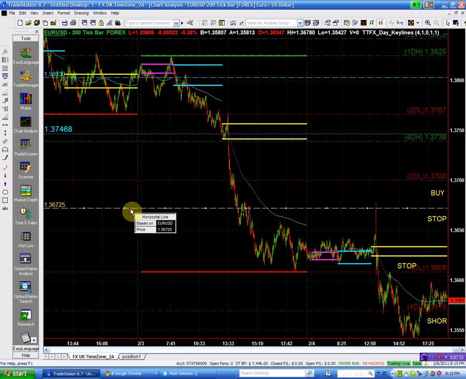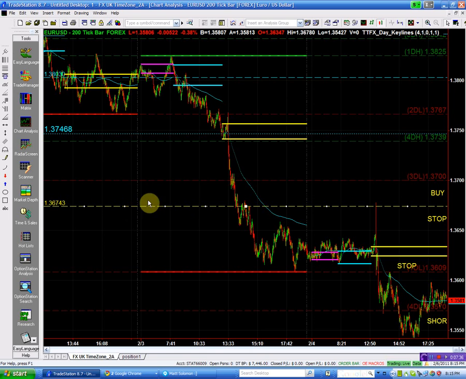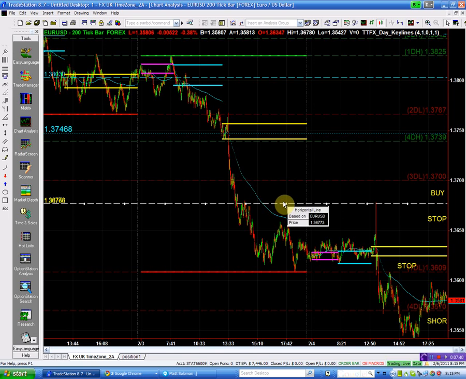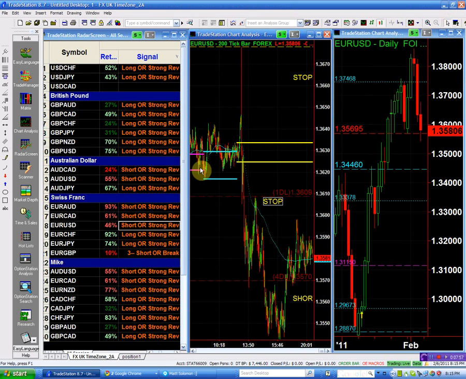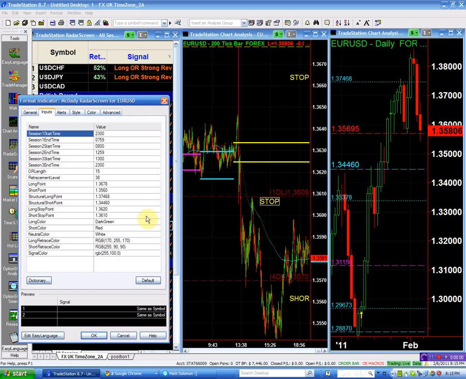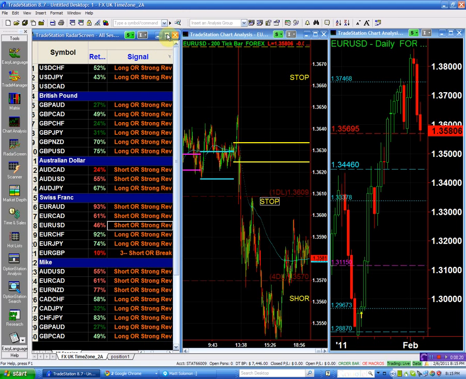That's going to be the buy. This is going to be our buy signal, and if I buy it here, I'm placing my stop below 136.09, so I'm using about a 60 pip stop on that. My structure long to the upside is the 137.46, and my structure short is still the same, the 134.44. Okay, that is the euro dollar.